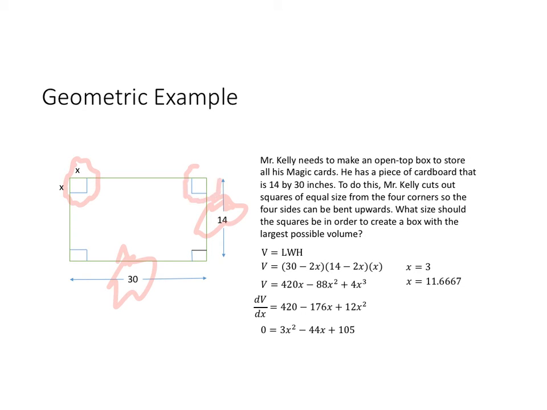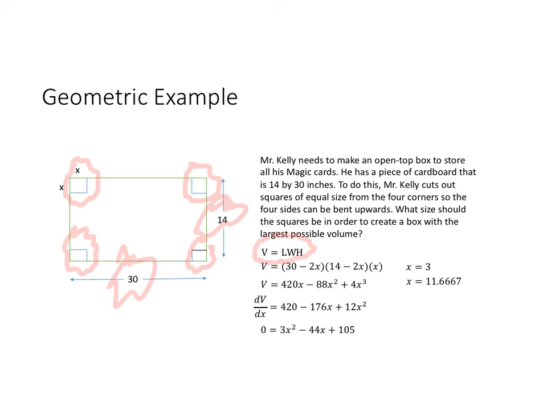So he's going to cut 4 squares out of the corners, and then he's going to fold the sides up to create an open top box. And we want to know what size must these corners be in order to create a box with the largest possible volume. Well, it's obvious that volume is simply equal to length times width times height.